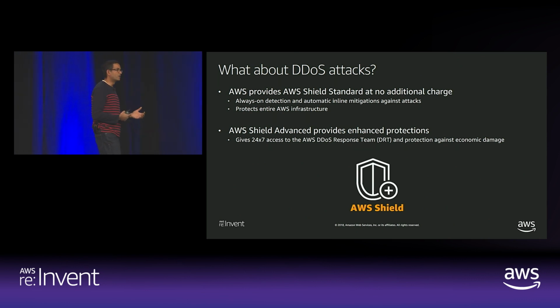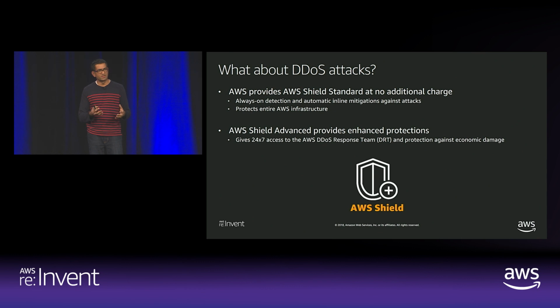So specifically for DDoS, AWS also has a service called AWS Shield. And this is yet another tool that you can use. AWS Shield is a managed service that provides always-on detection and automatic inline mitigations to help keep your application available, so lower the downtime and keep the latency low.